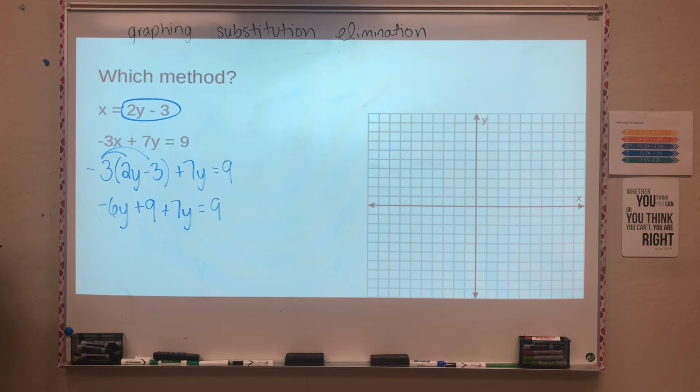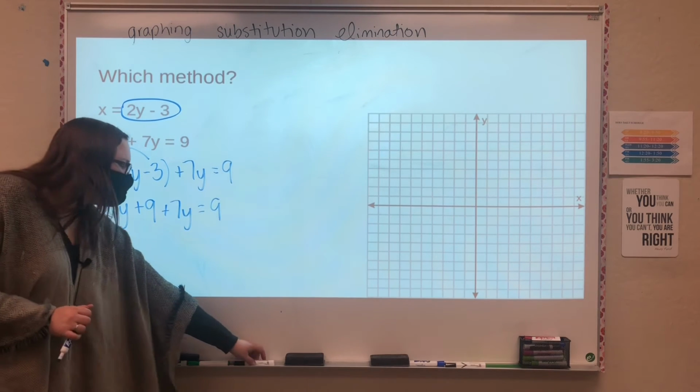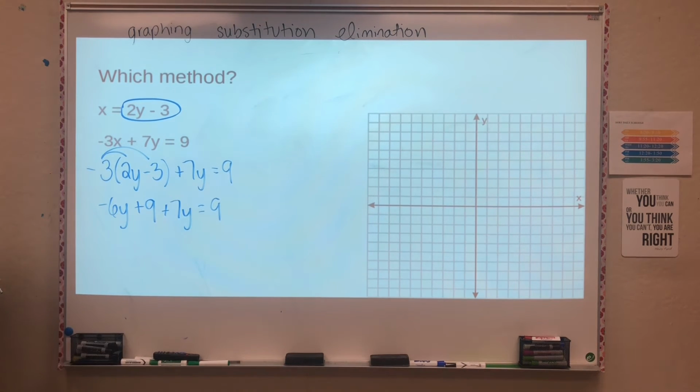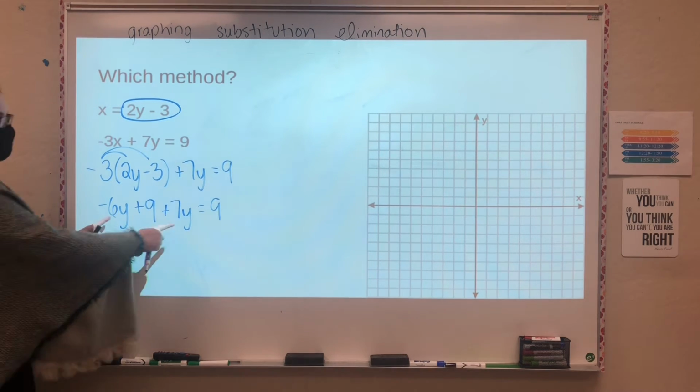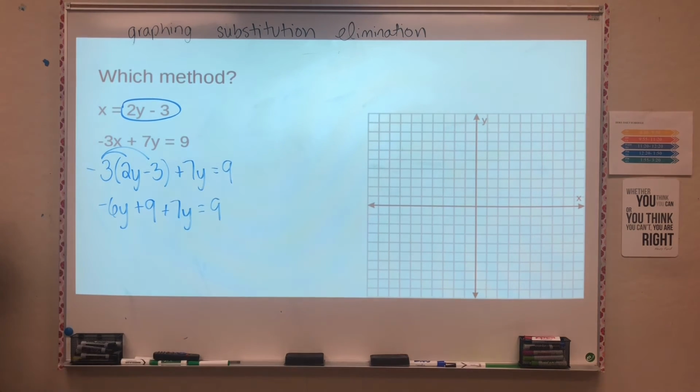And then from there, you want to get one of the y's by themselves. Notice here the y's are on the same side of the equation. If they're on the same side, what does that mean we can do? Oh, you can combine them.